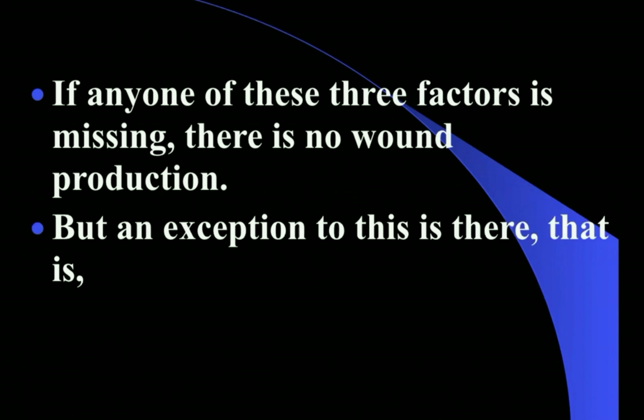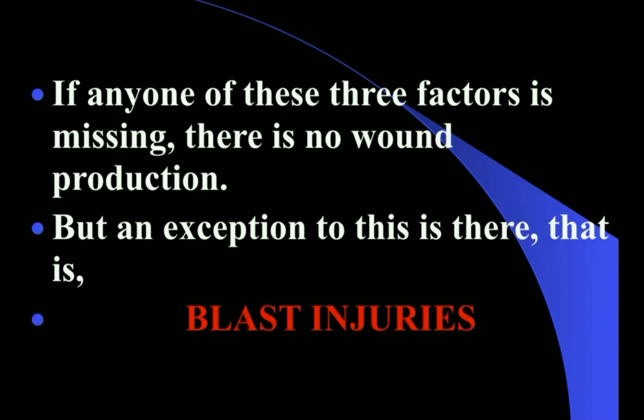For example, there is an exception to this rule. The subject is there, the object is in hand, and there is force and movement, and the contact will cause the wound production. But in blast injury, actually there is no contact, but still the injuries occur.